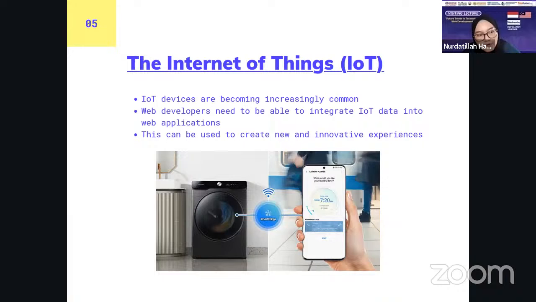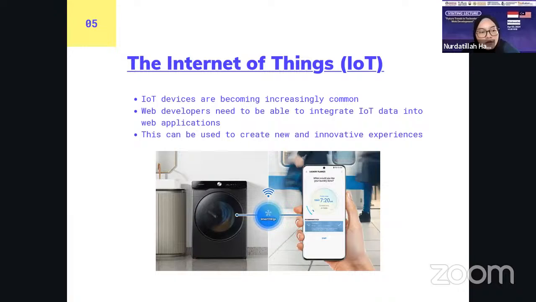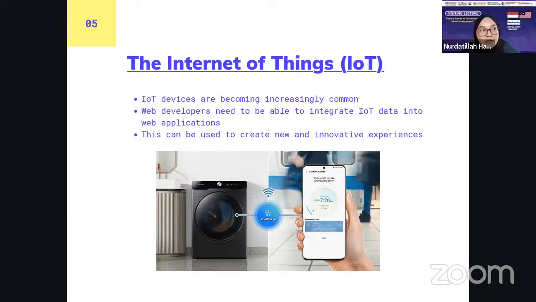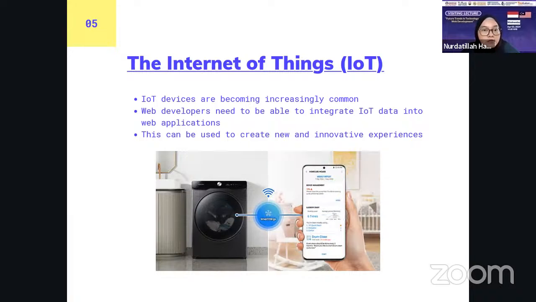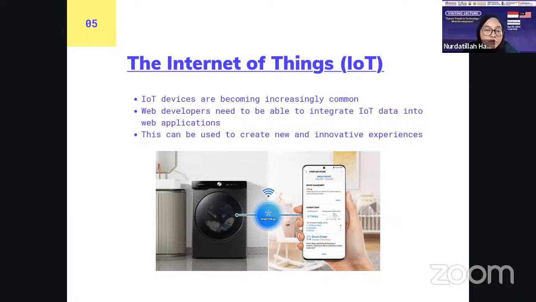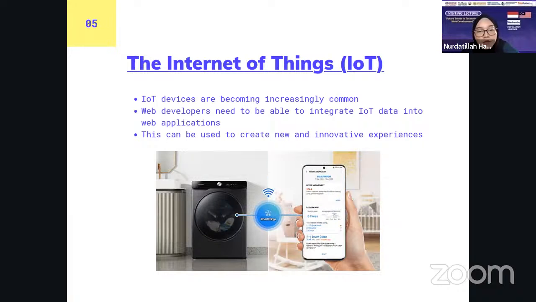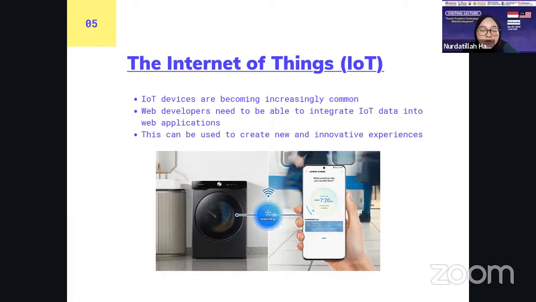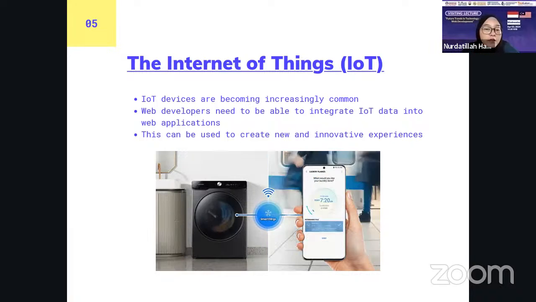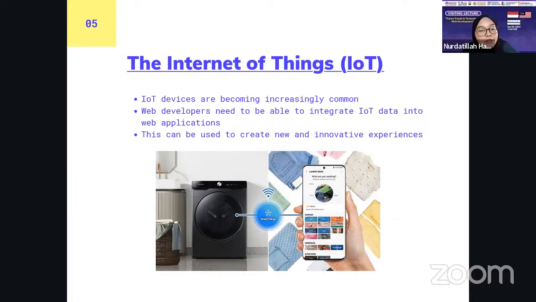So, for example, we build a website, right? Now that we have network connectivity, you can actually access your washing machine. You can see here an example, right? Through your smartphone. Also, you can monitor it through your web application as well, right? Because they are sharing the same network connectivity, you can communicate with other devices.